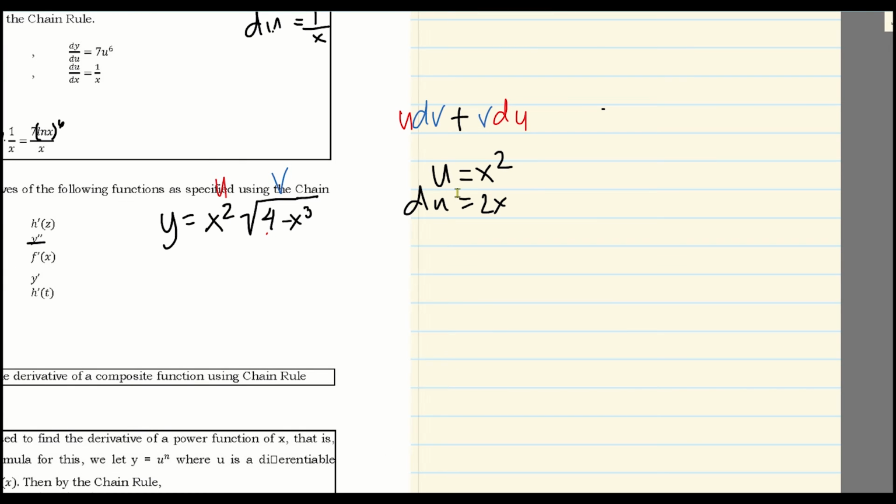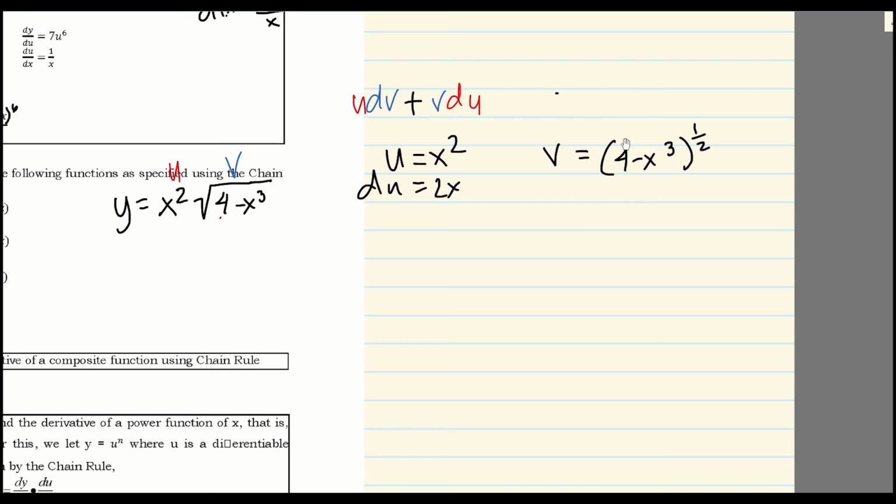How about our v? Let's not make it colorful. Our v is (4 minus x cubed) to the power 1/2. This one is trickier because you will also need to use u to the power of n, and if we derive it, it will be n u^(n minus 1) du.